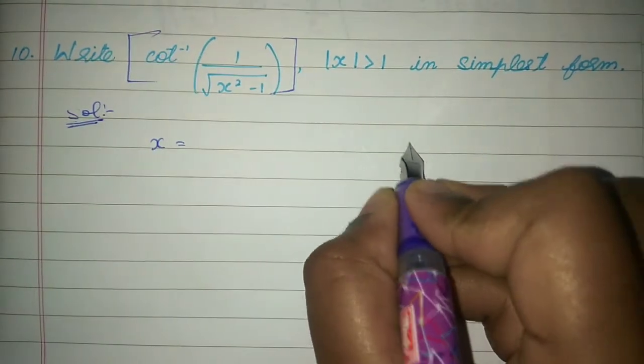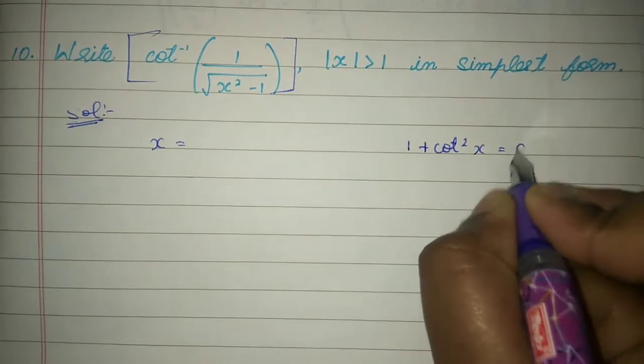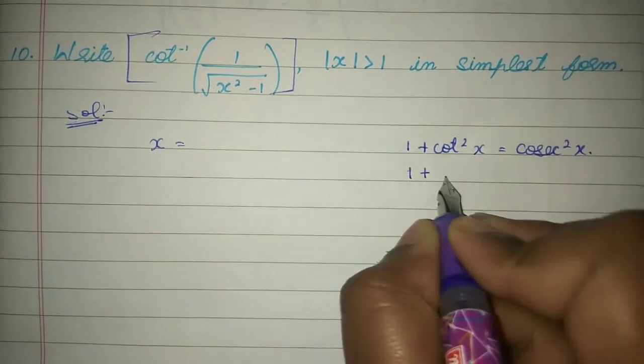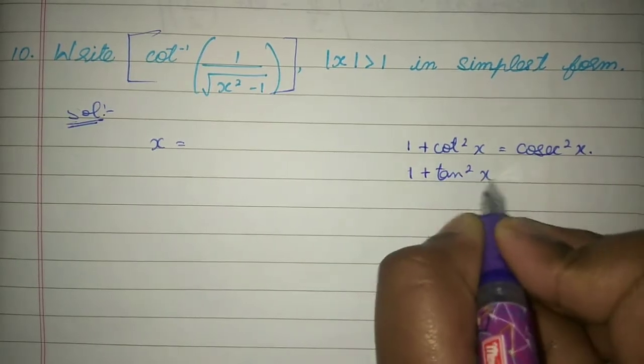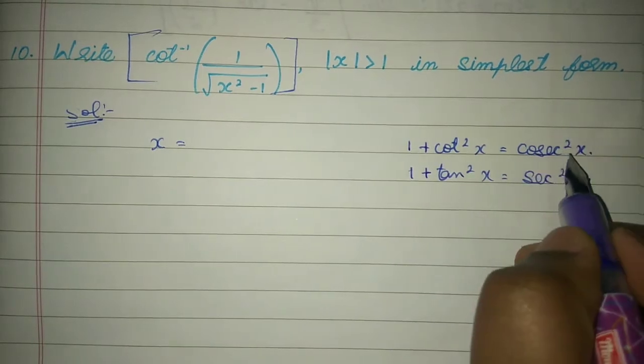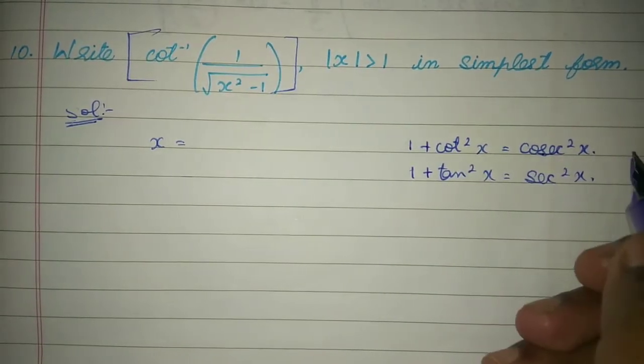1 plus cot square x is equal to cosecant square x, and 1 plus tan square x is equal to secant square x. So if I take my x, it is of the form cosecant square x minus 1.